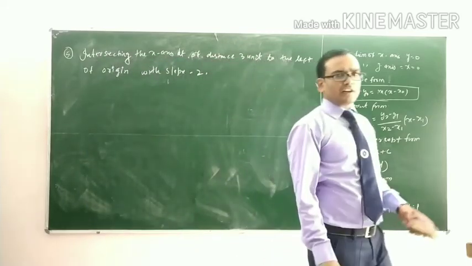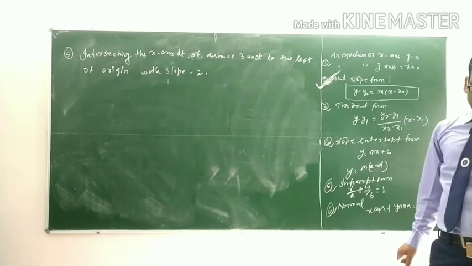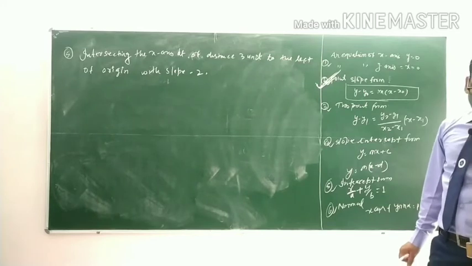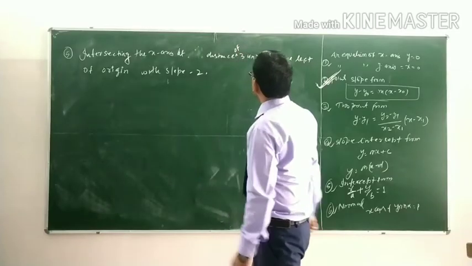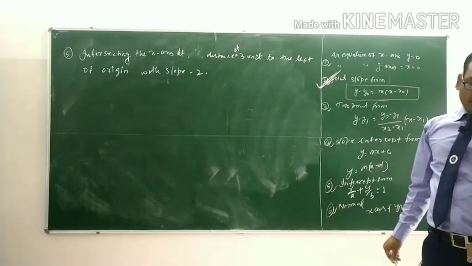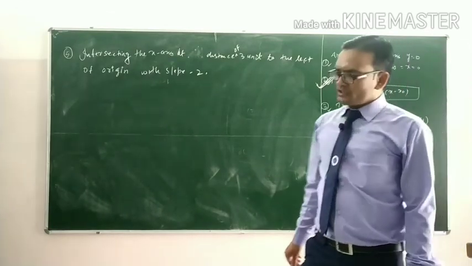That means we find the equation of straight line intersecting the x-axis at distance of 3 units to the left of origin with slope -2.